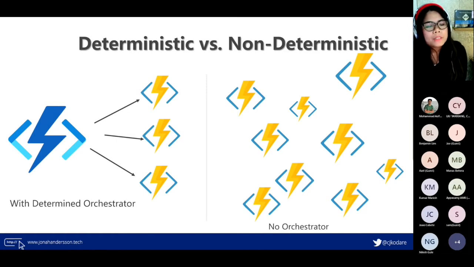But the difference is that when you don't have an orchestrator, or if it's not durable, when the VM, the virtual machine of one of the function apps, gets restarted in Azure, for example, when a data center needs to be restarted, and maybe we're not sure when it happens, they can lose their state. So with durable functions and an orchestrator, it's good to have.